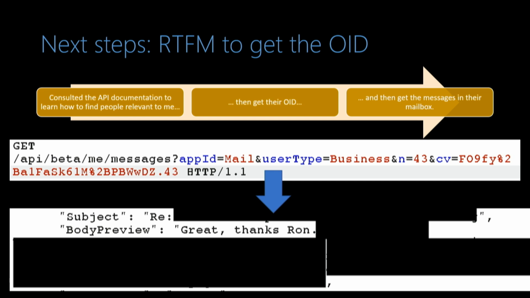So my next plan is to substitute their OID into my JWT token. And then the final step is using this updated JWT token to query the mail reading API endpoints and see if I can read their email.